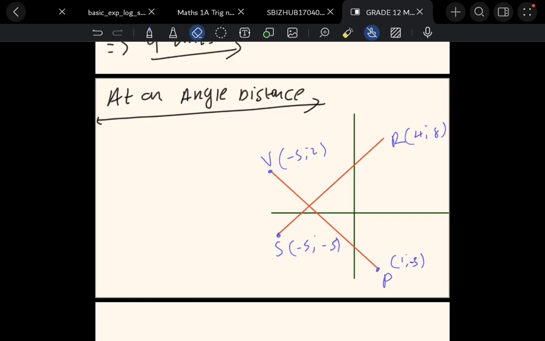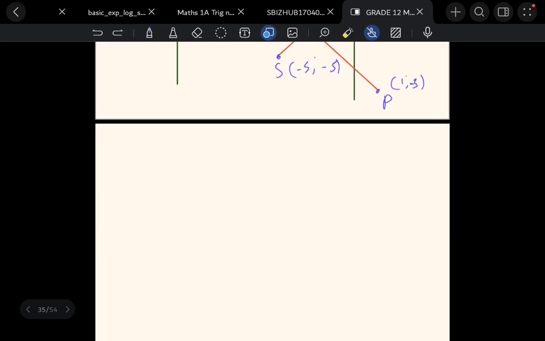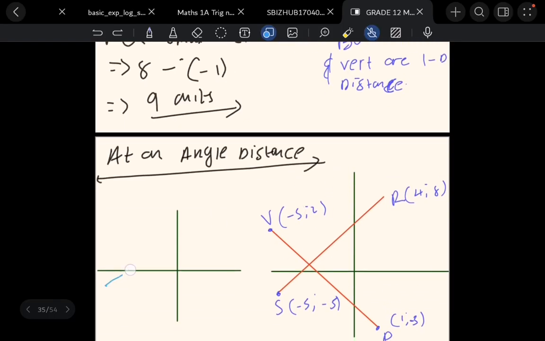Let us draw any distance, any straight line, and call that coordinate A, and that coordinate B. Now we know what it's going to be: x, y.